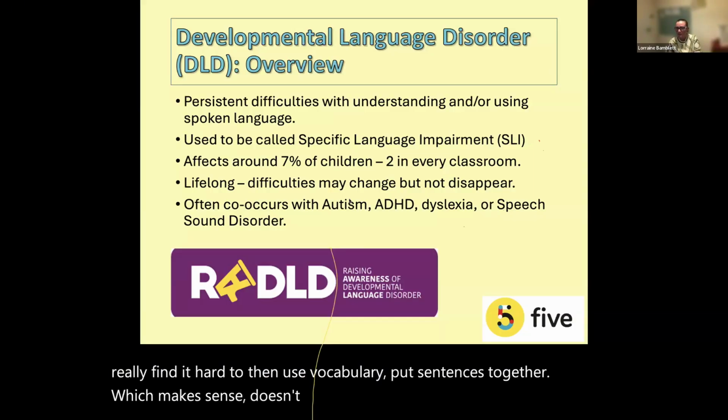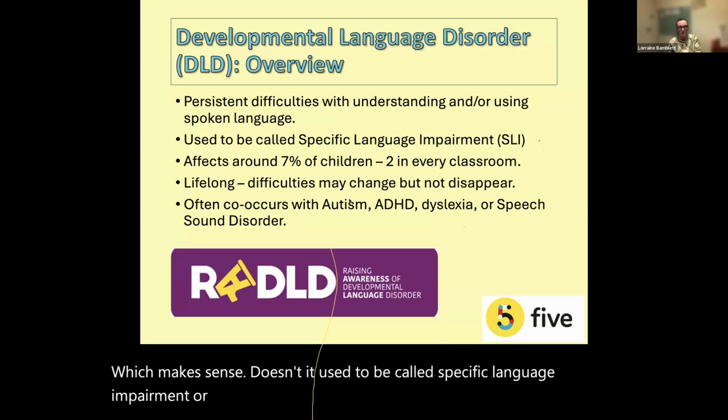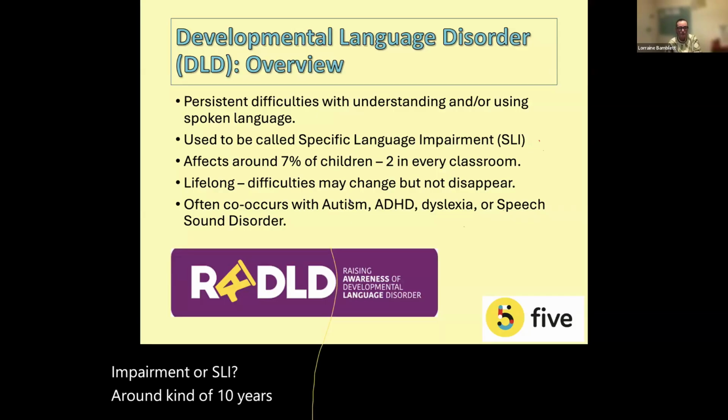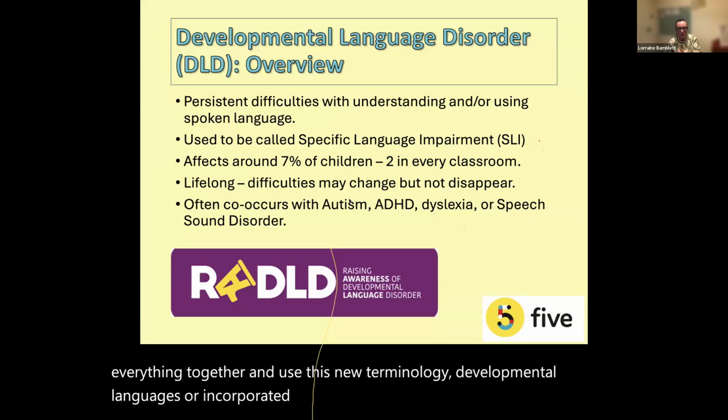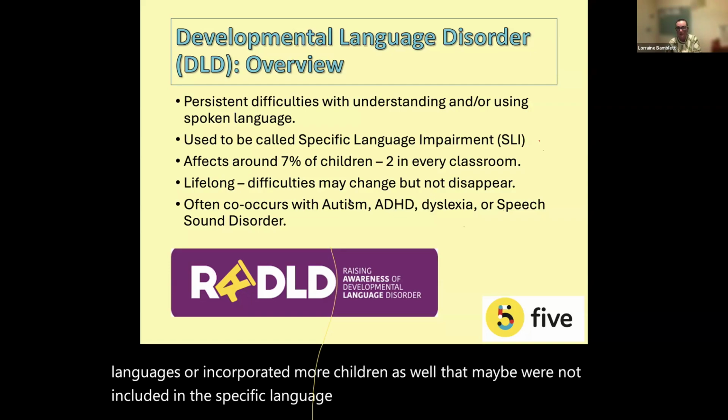It used to be called specific language impairment, or SLI. Around 10 years ago, there was a big push to bring everything together and use this new terminology, developmental language disorder, and it incorporated more children that maybe were not included in specific language impairment because they had a learning disability.